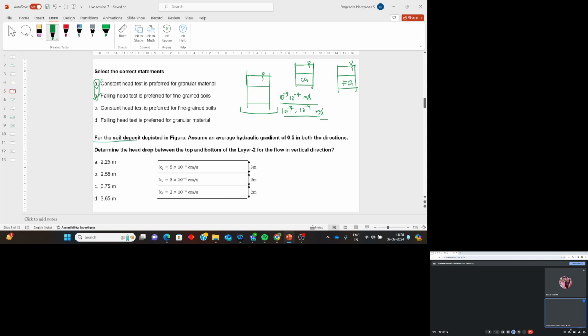For the soil deposit depicted in figure, assume an average hydraulic gradient of 0.5. Determine the head drop between the top and bottom of layer 2 for the flow in vertical direction.